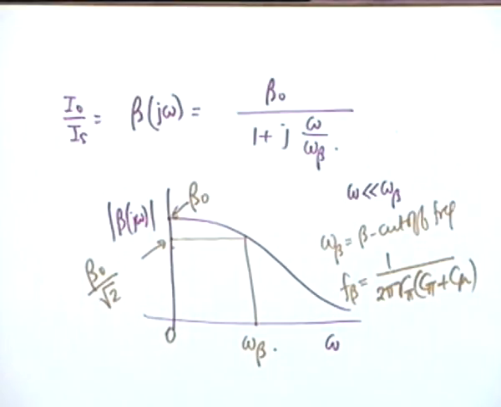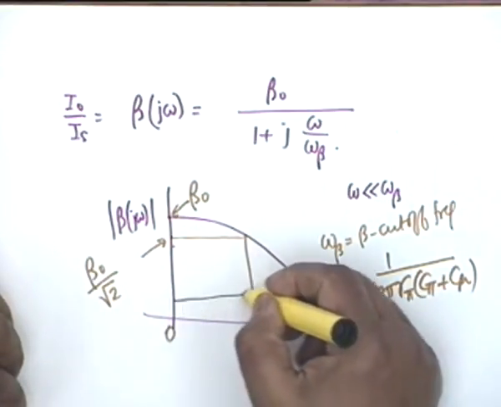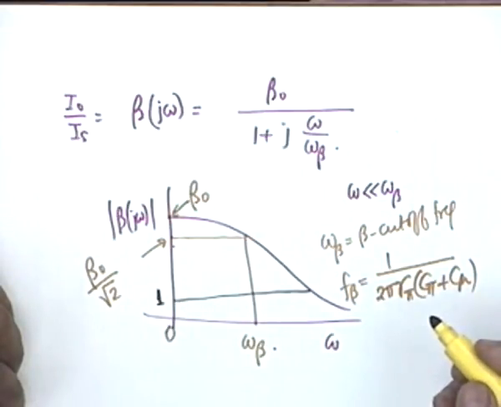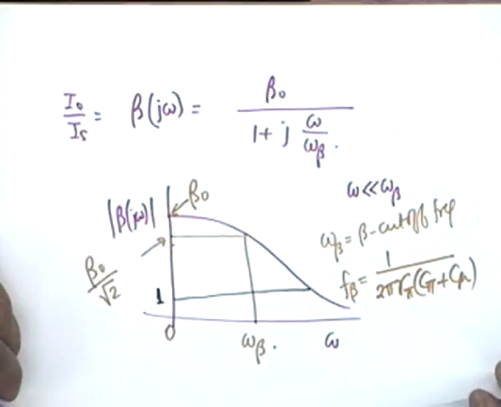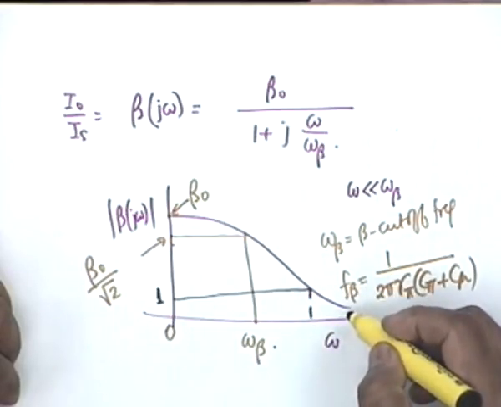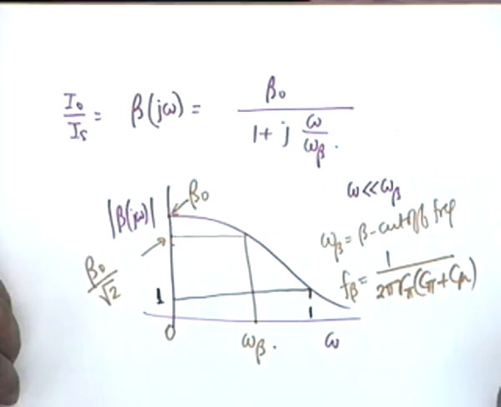Another frequency that is defined with reference to the same curve is the frequency at which beta reaches the value 1. Obviously, if the short circuit current amplification factor is less than 1, that is, the frequency is beyond this, the transistor shall not be useful. In a common emitter circuit, if there is no current amplification, the transistor is useless.